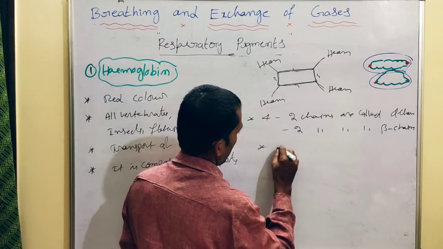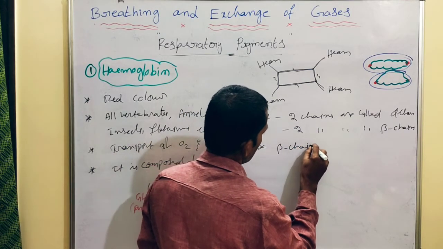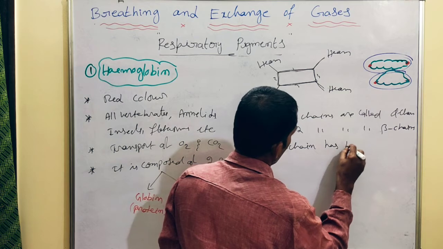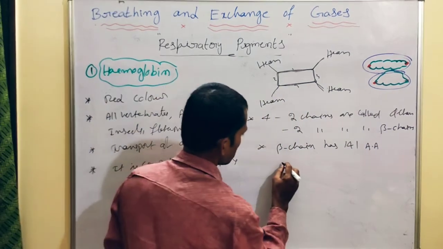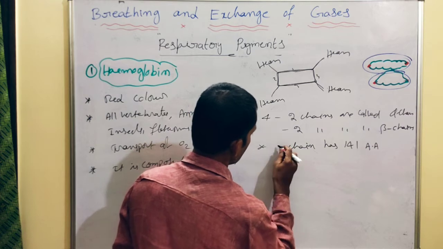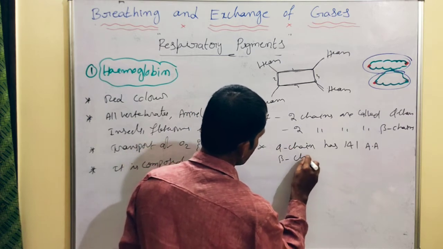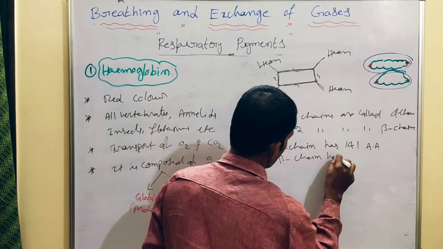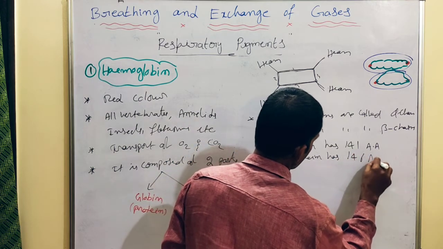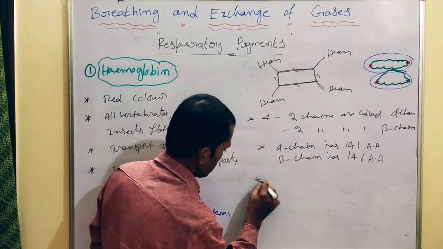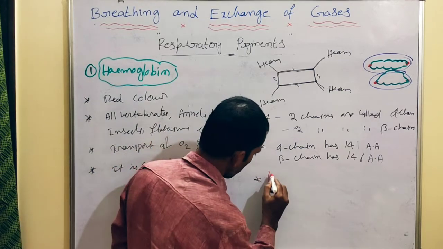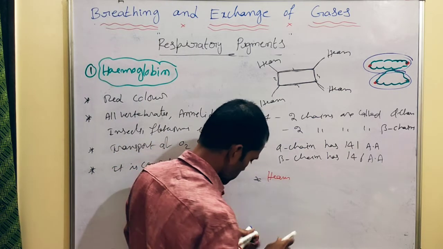The alpha chain has 141 amino acids, and the beta chain has 146 amino acids.